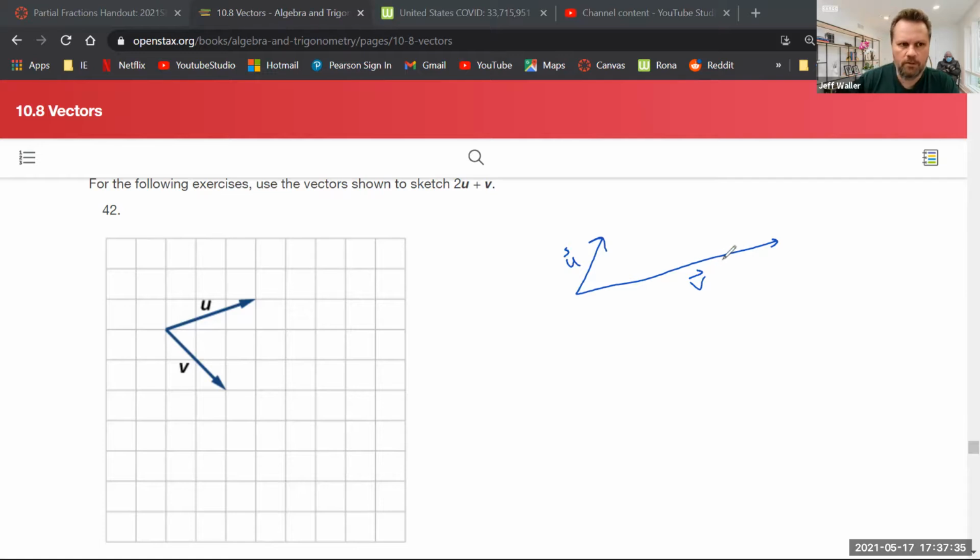Please tell me you remember doing this. I make a little parallelogram. I draw something parallel to V and something parallel to U. And then I connect these together, and that's the answer. And hopefully you do it straight. Okay, so this would be U plus V. So do something similar here.